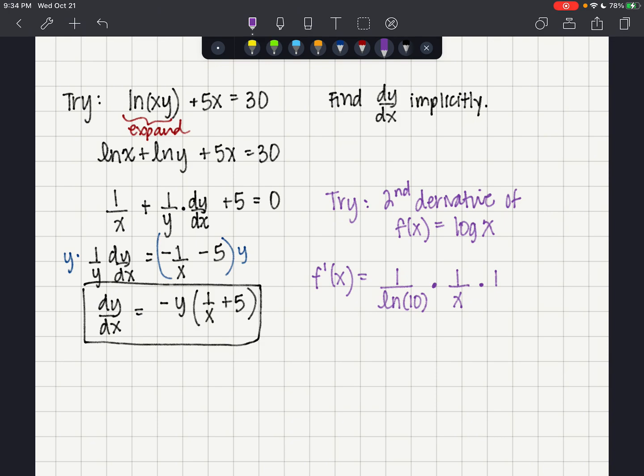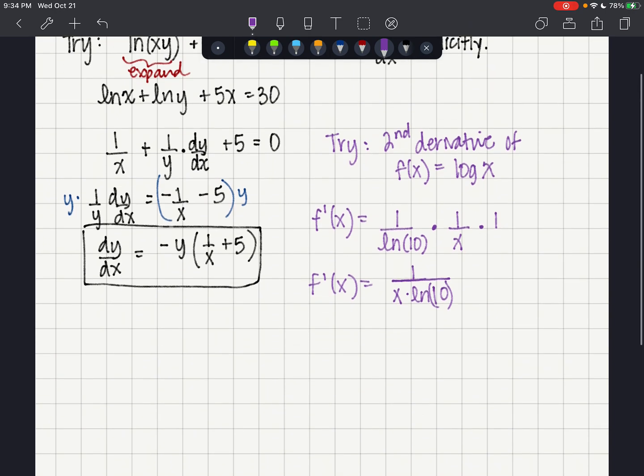So f prime of x would equal 1 over x times the natural log of 10. Now the natural log of 10 is just some number, but we're going to write that number on the right hand side of the x just because it's a little bit cleaner that way.